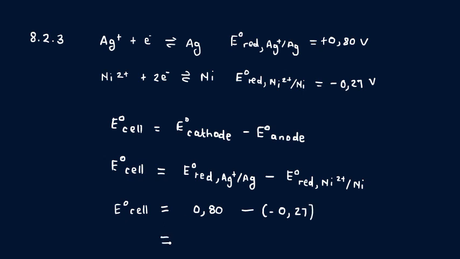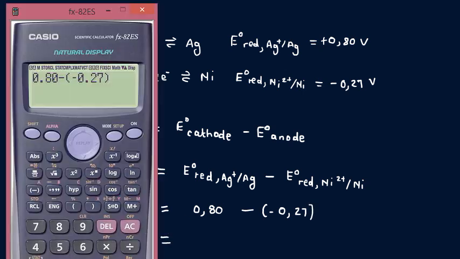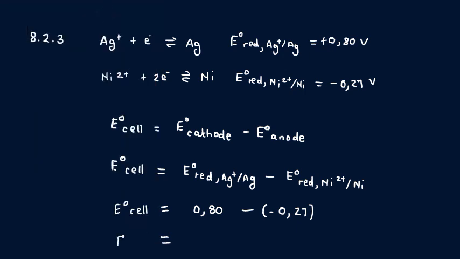So this works out to be 1.07 volts. So the standard cell potential is 1.07 volts.